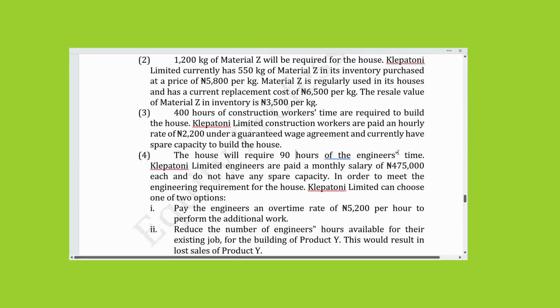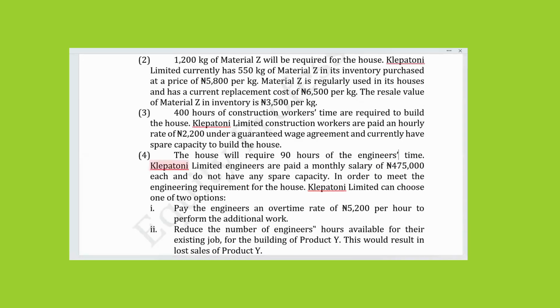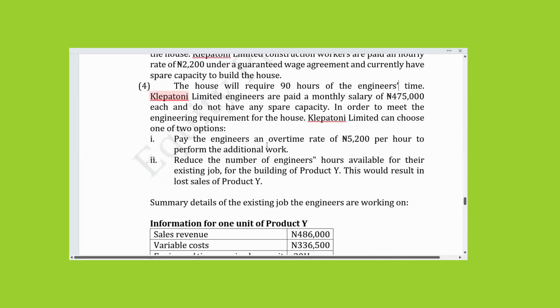In order to meet the engineering requirements for the house, Clepatoni Limited can choose one of the two options. I. Pay the engineers an overtime rate of 5,200 per hour to perform the additional work. II.